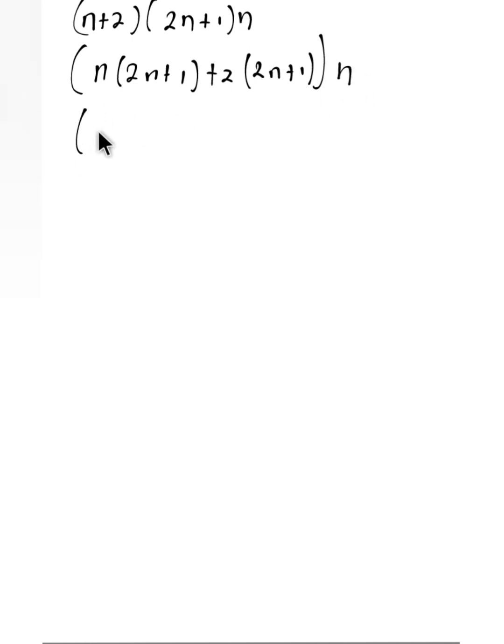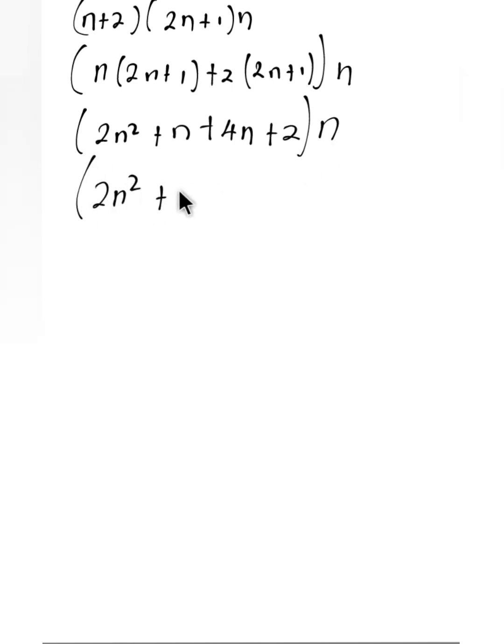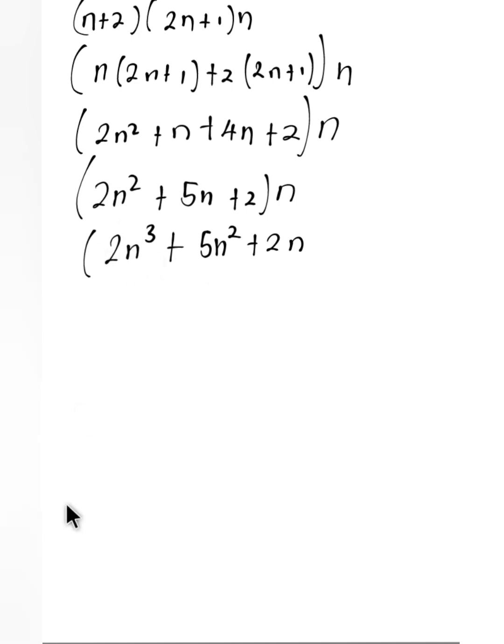So we have 2n squared plus n plus 4n plus 2, then n over here. So this gives us 2n squared plus n plus 4n is 5n plus 2, all times n. So if we use n to multiply the bracket, it gives us 2n cubed plus 5n squared plus 2n. So the denominator gives us this.